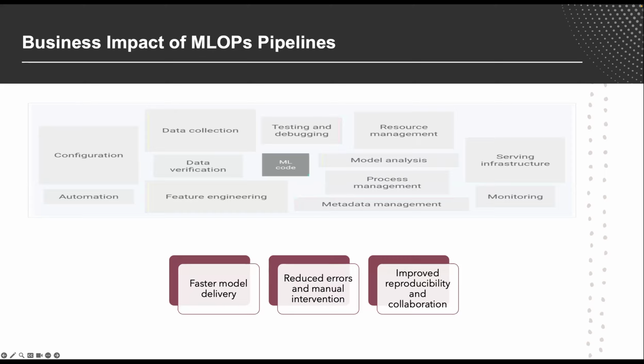We have continuous testing, debugging, and monitoring, ensuring robust performance and early detection of issues, leading to more dependable outcomes. Then there is serving infrastructure and metadata management, which supports scalable deployment across environments and enables rapid growth and adaptability. Another major impact of MLflow pipelines is integrating model analysis and feature engineering, improving prediction accuracy, and driving smarter business decisions.